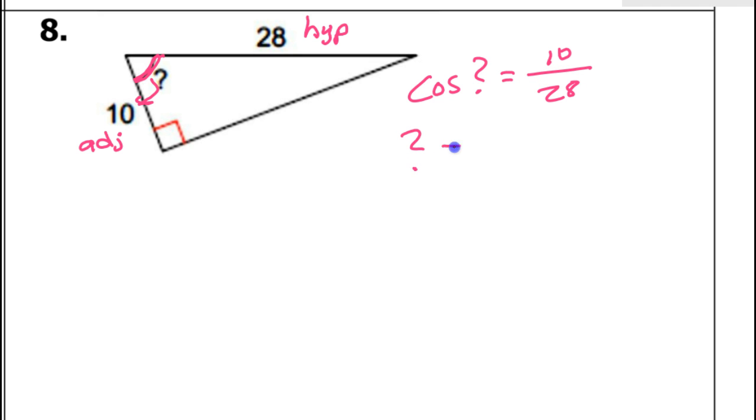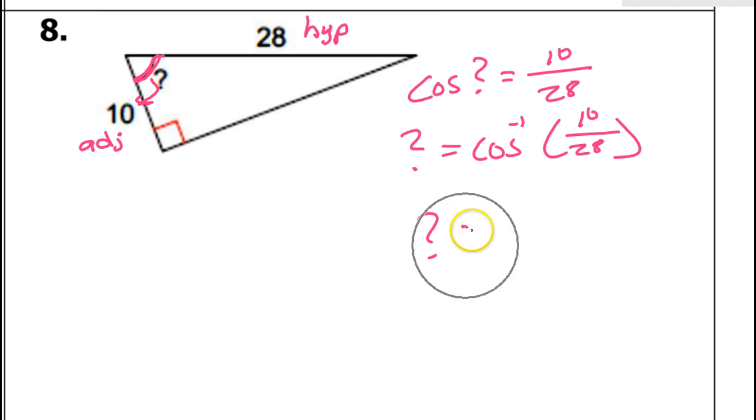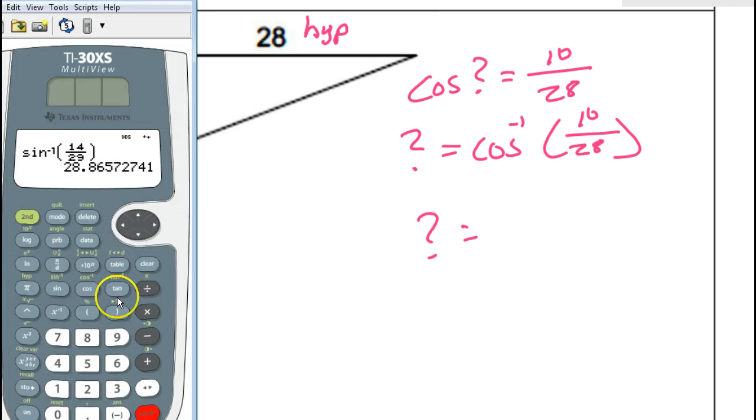If you want the angle out of it, you will have to do the inverse cosine of 10 over 28. And you can just put that in your calculator. 69.075.